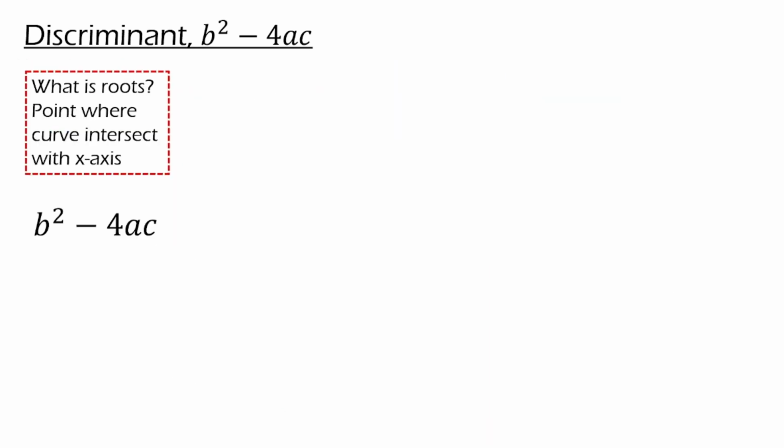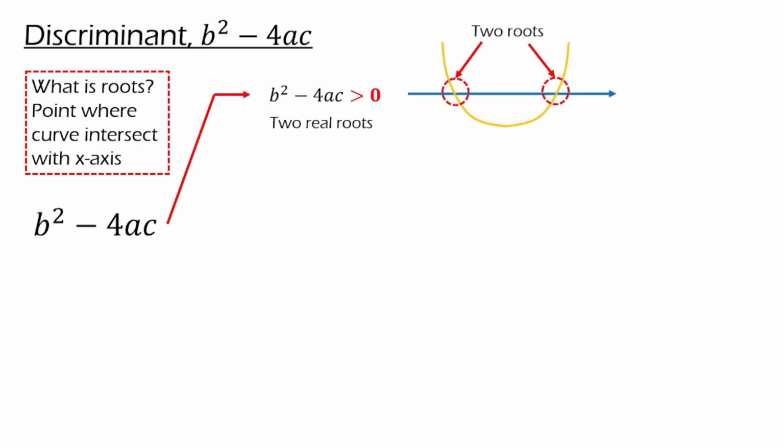Now we can discuss how b squared minus 4ac can be used to predict how the graph looks. Before moving forward, I want you to understand what roots are. Roots are the points where the curve intersects with the x-axis. We know that if b squared minus 4ac is more than 0, or positive, we will have two real roots.